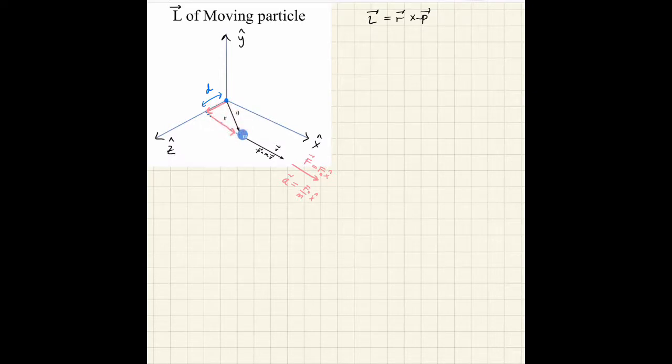I know that this is the only component that's going to survive because this one is perpendicular to this, and the parallel component of the vector will not survive. That's just the nature of the cross product itself. It picks out perpendicular components and multiplies them. But we can be specific. If this angle here is theta, then this angle here is theta.